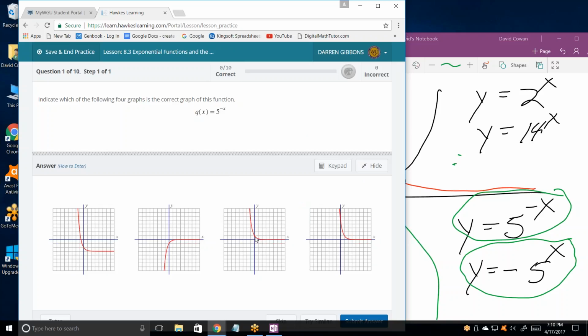Notice, that's (0, 1), whereas this one has the same shape, but it goes through the point (0, 4). So it's not the fourth one. It's definitely the third one. How do we enter that? Just click on it? Oh, I guess so.